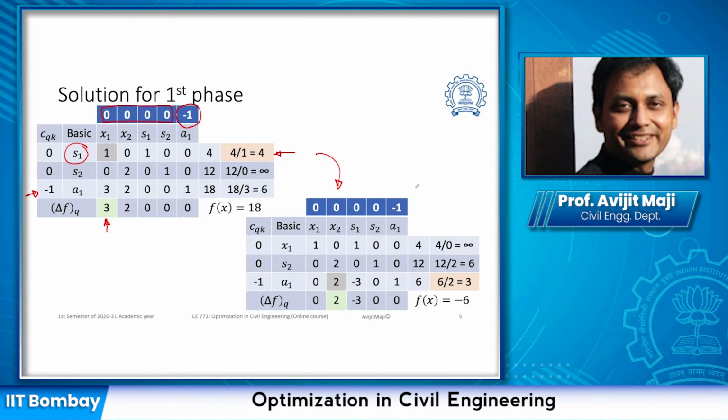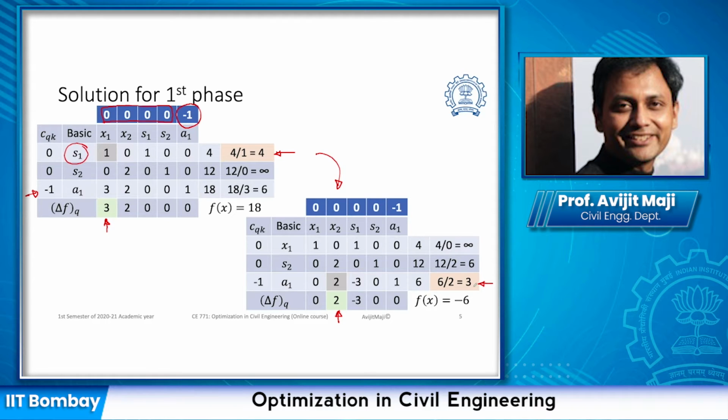In the revised tableau, when we find out the non-basic variable which is going to bring the maximum change in the objective function, we see that x2 is that variable, and when we check with the current basic variables, we find that a1 is the variable which is going to reach 0 sooner, so we need to replace a1 with x2.